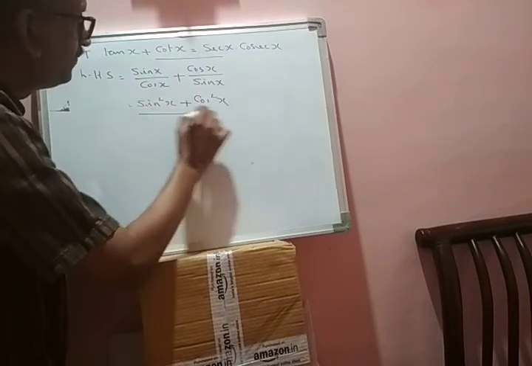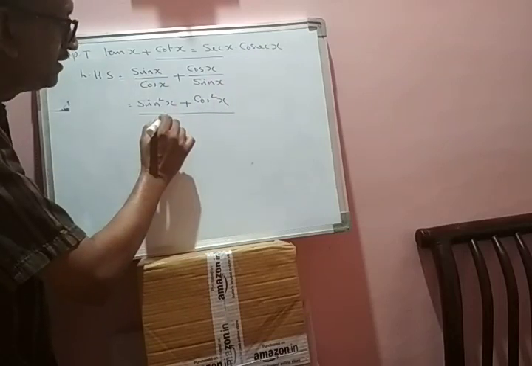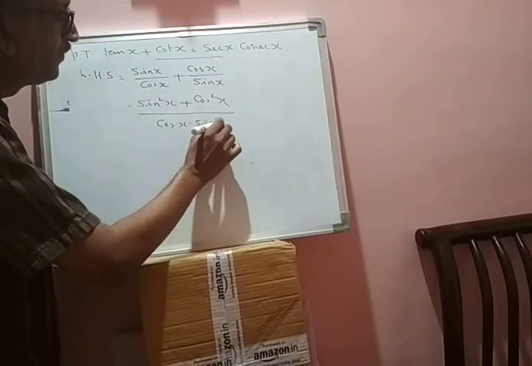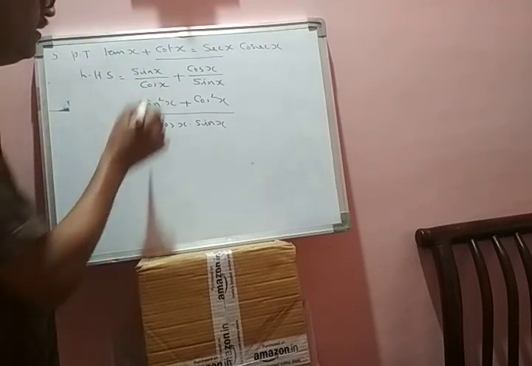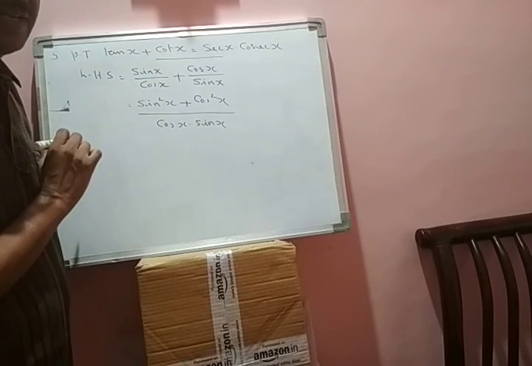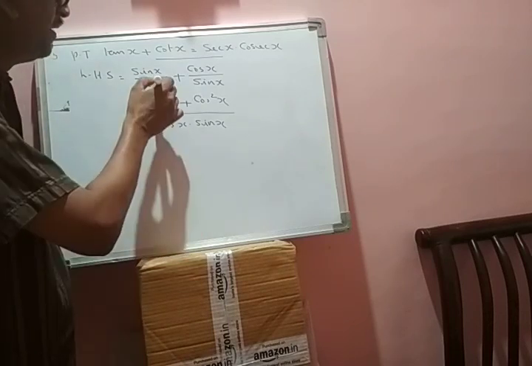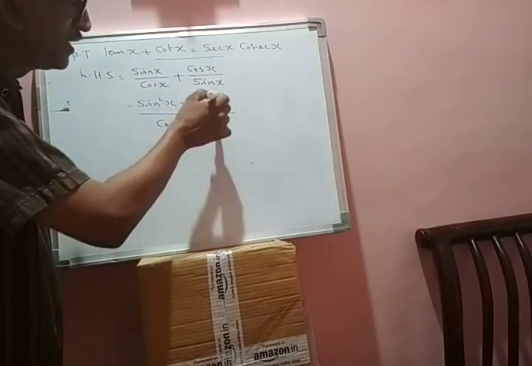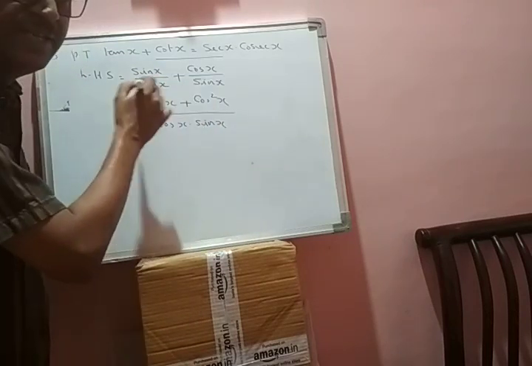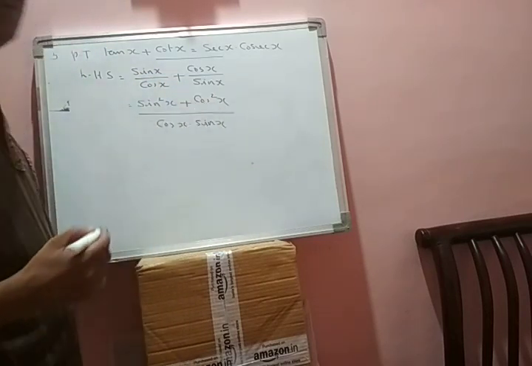Divided by, multiply the denominators, cos x into sin x. You got the point? Cross multiplication technique. Multiply sin x and sin x, sin squared x is the answer. Plus symbol. Then multiply cos x and cos x, cos squared x. Divided by the denominators, cos x into sin x.